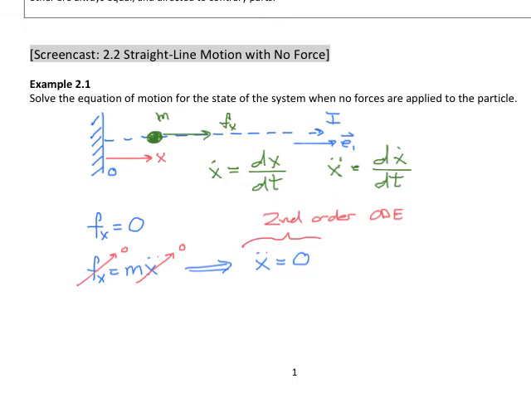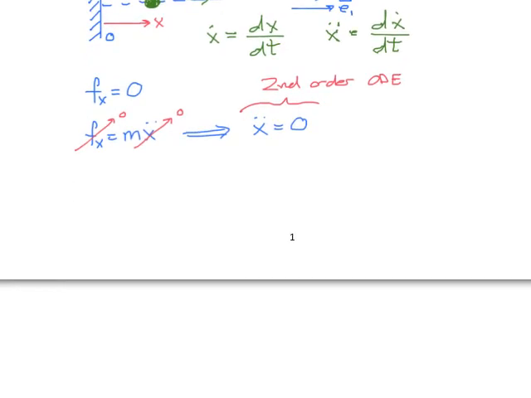We can use this equation of motion to then find the state of the system at any point in time, which is x and x dot. And this is a nice simple system that we can solve simply by integrating. So we know that x double dot is equal to d(x dot)/dt, the time differentiation of the speed, and that's equal to 0.